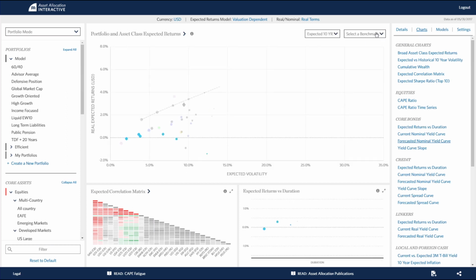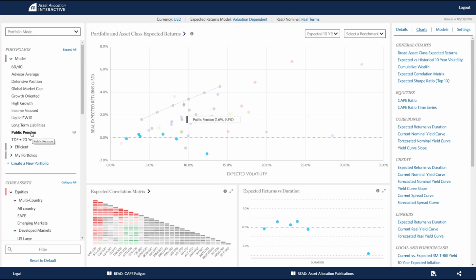Sure, that's a fair point. The 60-40 portfolio is excellent for proving a point, but it's not the portfolio that most investors own. So let's choose something that's maybe a little more akin to an average investor portfolio. We have a set of model portfolios here that we create just for that purpose.